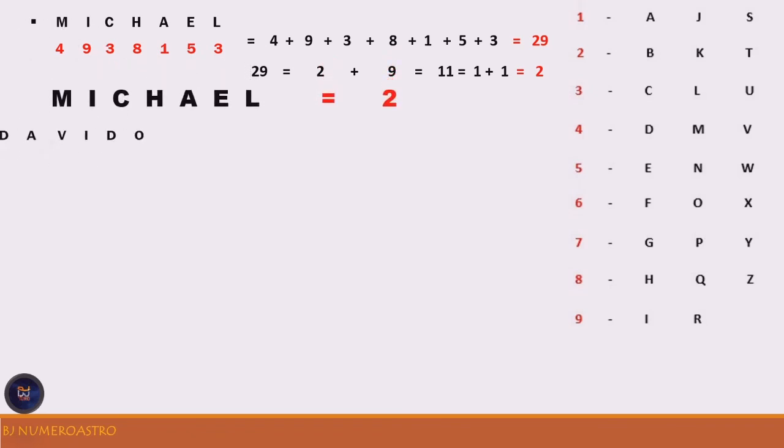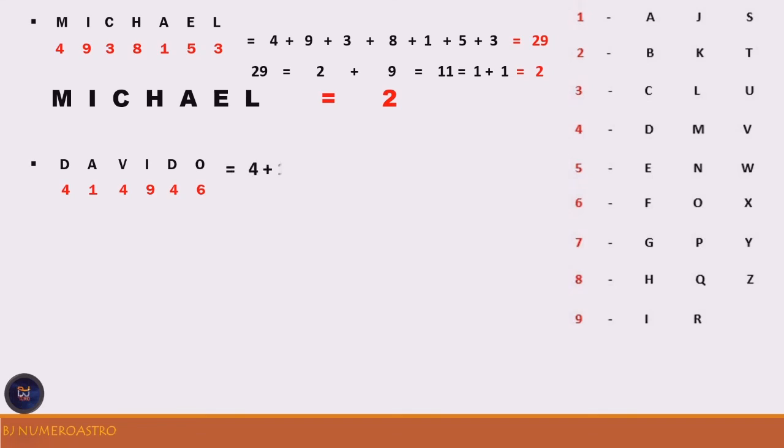Another example is someone bearing, okay, I brought up Davido. So what's the value for Davido? D has its value 4, A 1, V 4, I 9, D 4, and O 6. So just sum everything together.